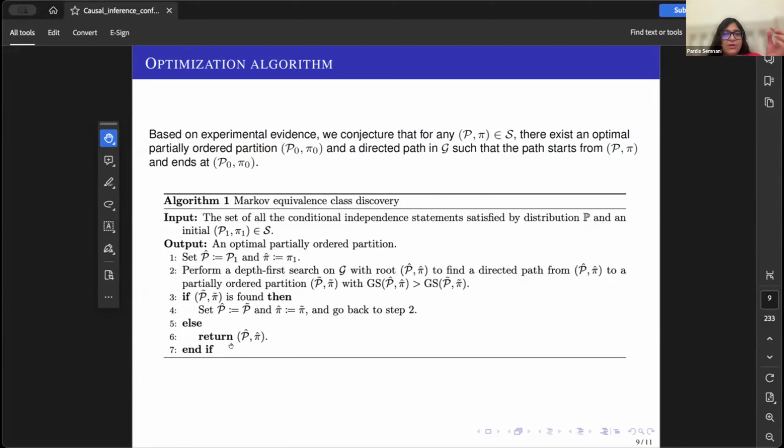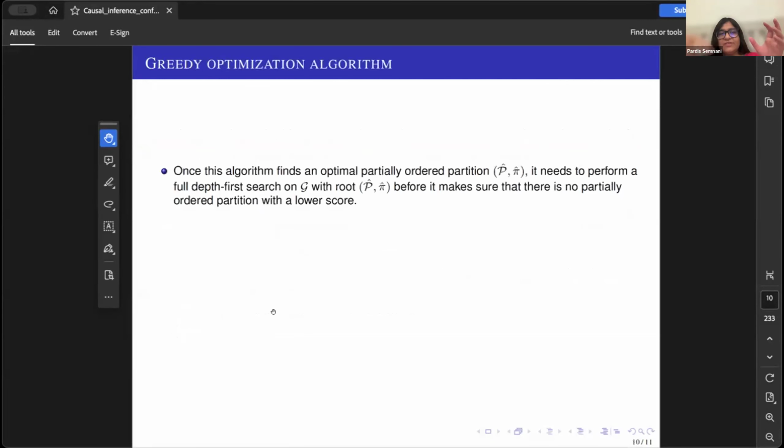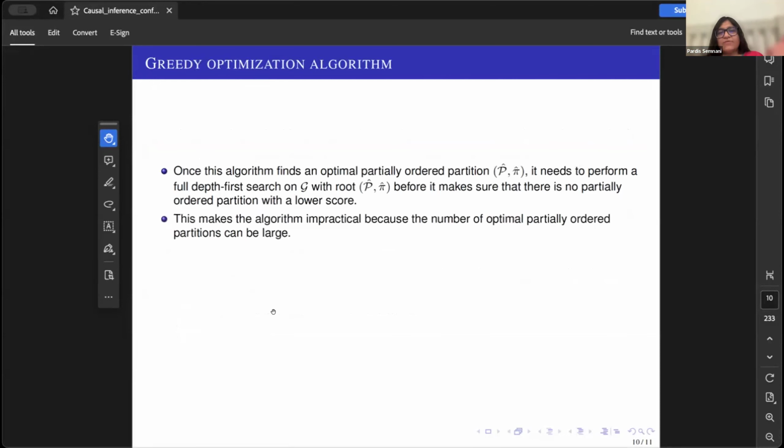I just want to mention a couple of things about this algorithm. When we get to the optimal partially ordered partition, in order for the algorithm to actually understand this is optimal, it needs to still do a full depth first search on the graph G with this root, which we know is optimal, but the algorithm doesn't know it yet. But this is impractical because the number of optimal partially ordered partitions might be large.